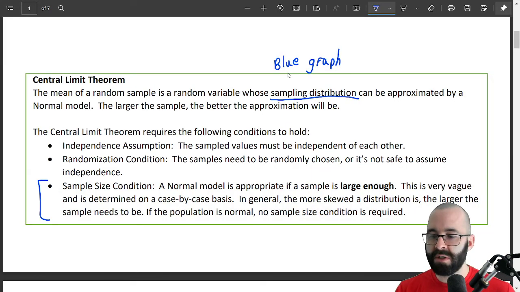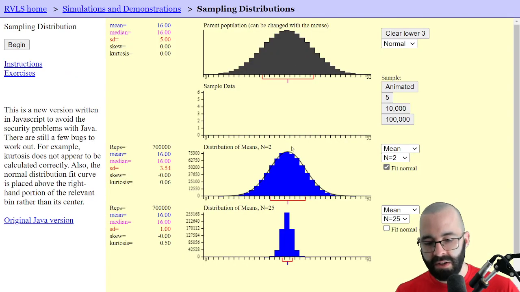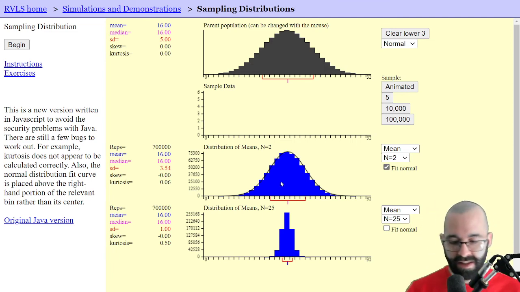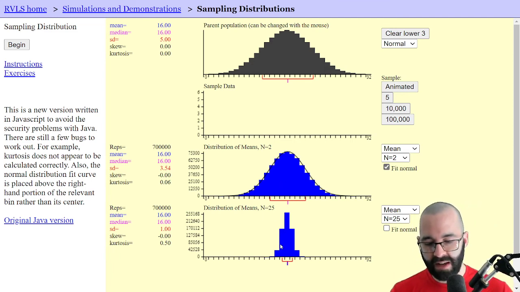And you can see that because we still have a normal curve in our sample means. Now, this normal curve has a much bigger standard deviation. We'll talk about that in the next video. But they're both normal curves. They both have the same mean, same median, very different standard deviation.